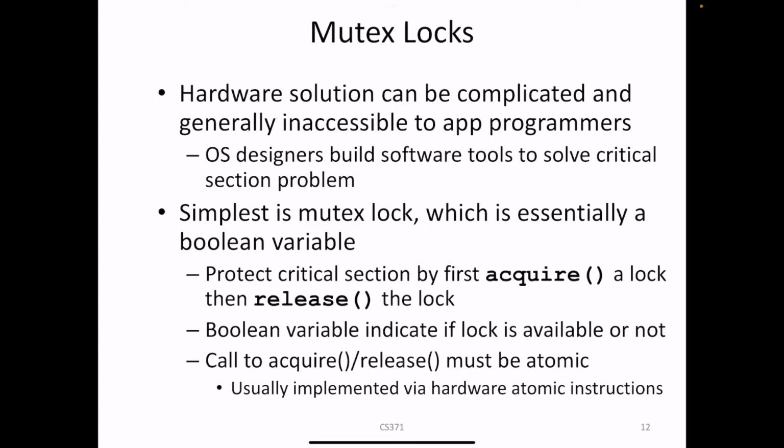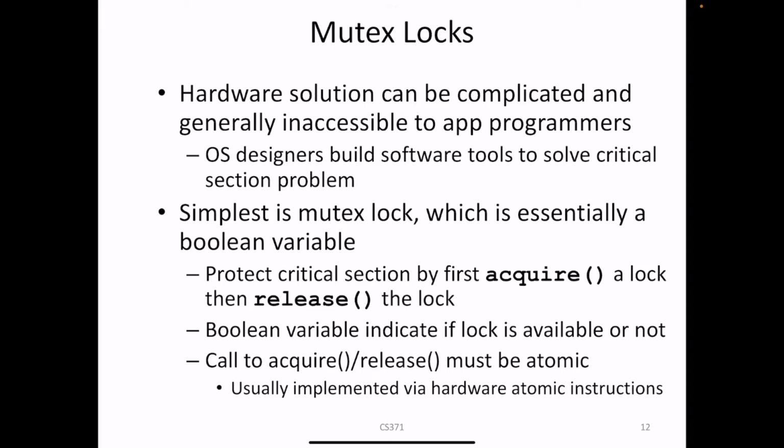Those processes must call the acquire function to get the lock, then access their critical section. After a process exits the critical section, it has to call the release function to release the lock so that other processes can get the lock and access their critical section later.